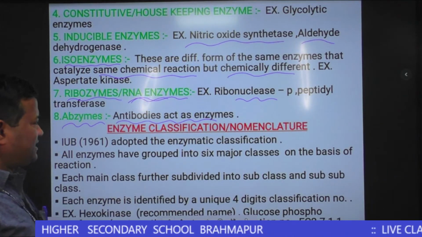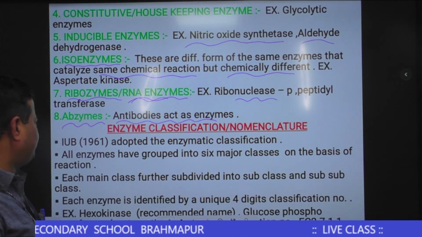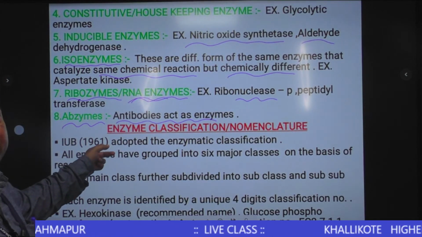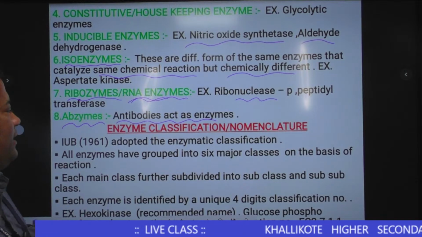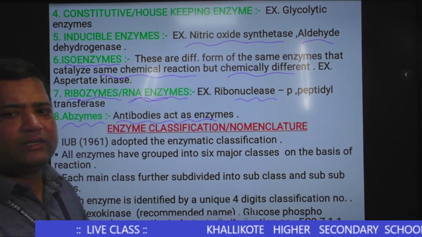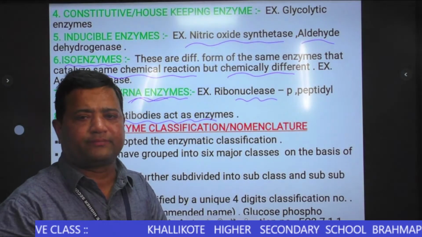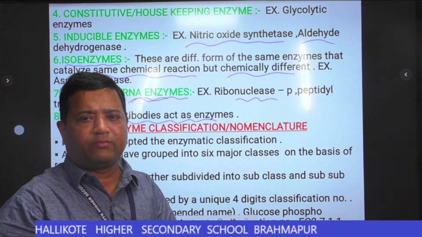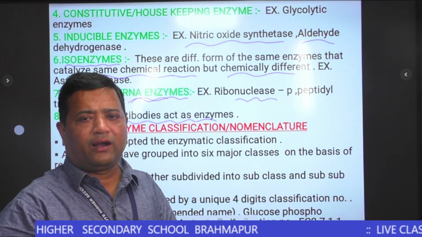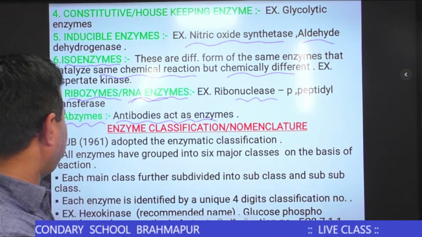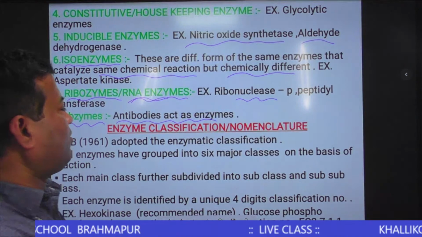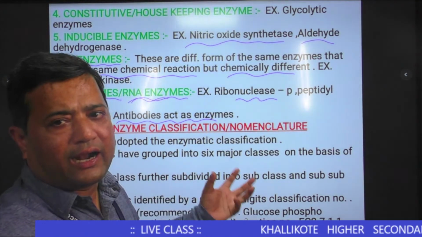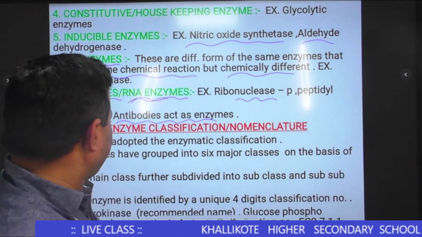Then enzyme classification or nomenclature. The International Union of Biochemistry, IUB, in 1961 classified all the enzymes into 6 major classes according to the type of reaction they catalyze.